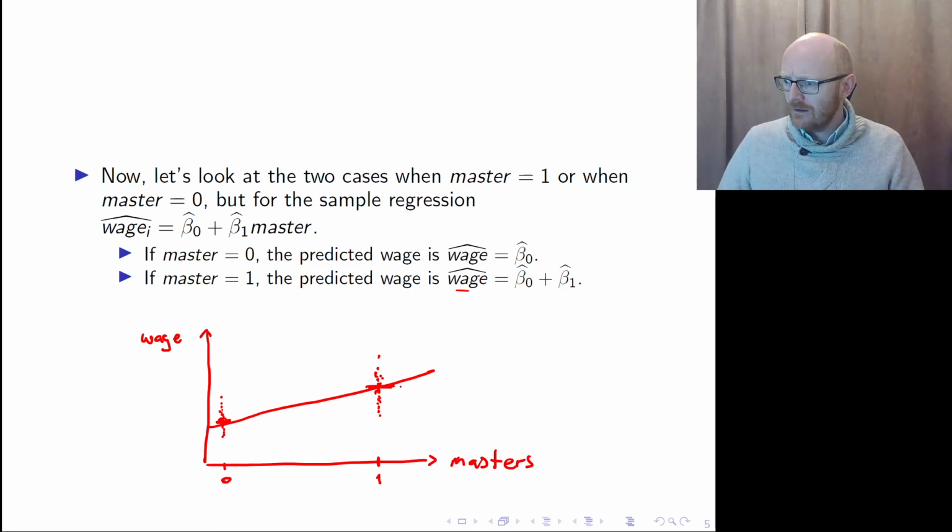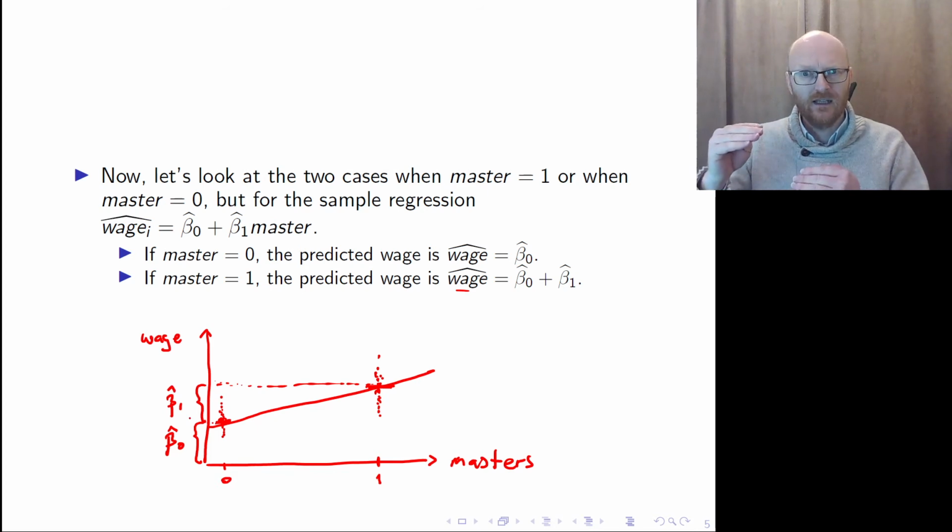This is beta naught hat, the sample average of those who do not have master's degrees, whereas this is beta 1 hat, which means the difference between the sample means.